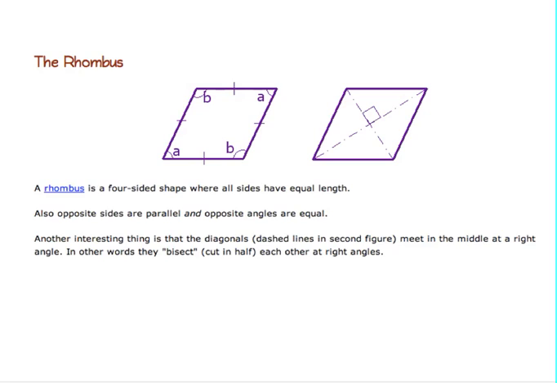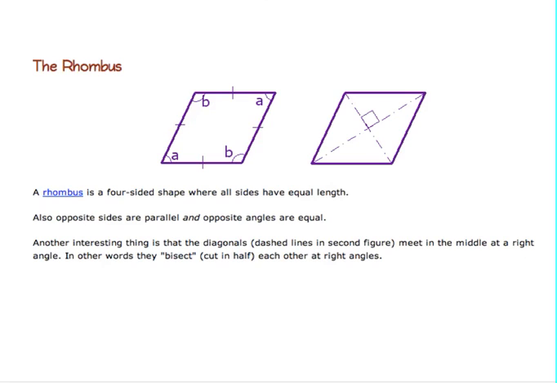The next quadrilateral we're going to look at is called a rhombus. A rhombus is a four-sided shape where all sides are the same length, opposite sides are parallel, and opposite angles are equal. So if we look at our example, this corner and this corner are the same size.